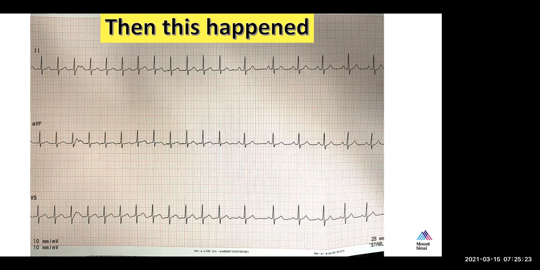So I would think, and it doesn't look like the PR is that short, and I don't think those are delta waves because the PR looks okay. So I would say some sort of ORT, could be AVNRT based on his age.